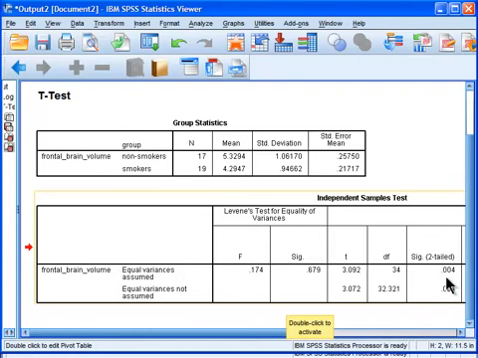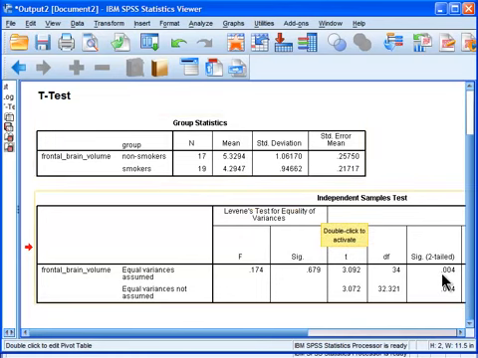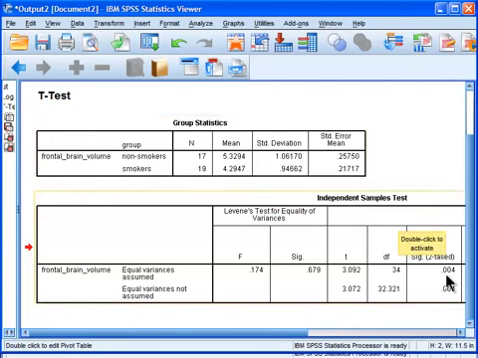Because this value is less than 0.05, we would reject the null hypothesis of no difference between the means and state that in all probability the difference in frontal brain volume between smokers and non-smokers is statistically significant, p equal 0.004.